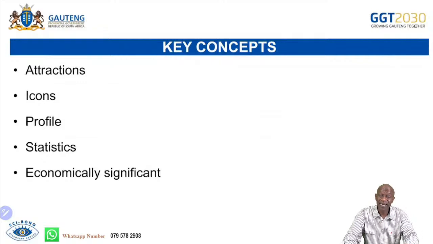And lastly, you need to establish the economic value, the economic significance, the economic importance of the world icon. So these are your key concepts that should guide you when you look at your world icons. For each of the icons that will be discussed here, you should be able to master how it is attached to a single concept that is given here.